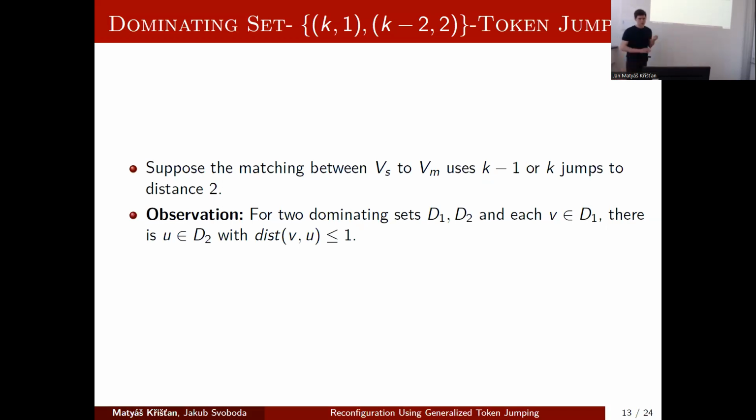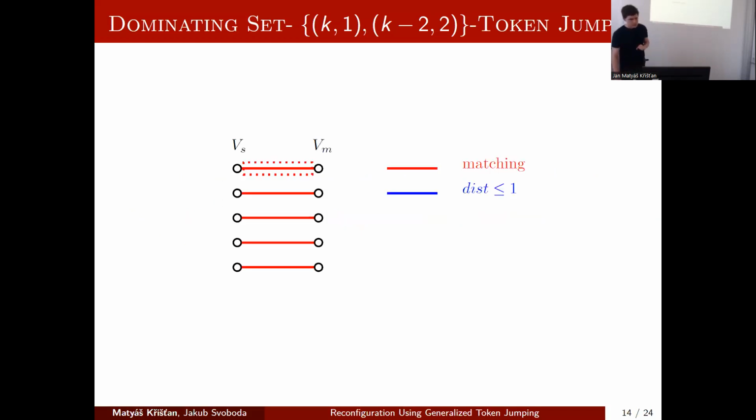So first observation is that for 2 dominating sets, if we pick a vertex from 1, then we can always find in the other dominating set a vertex that's at distance at most 1. So we will use that in the following algorithm. Suppose this is one dominating set and the other, and the red edges are the matching along which we want to move.